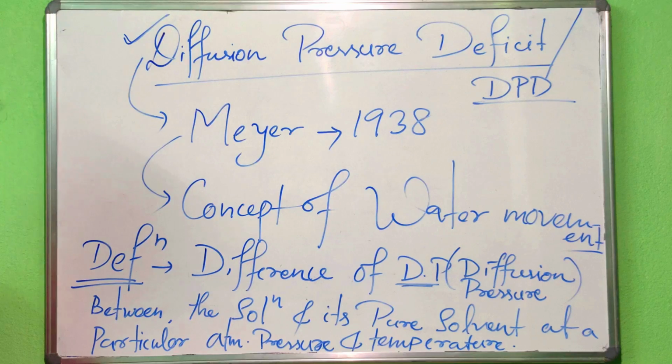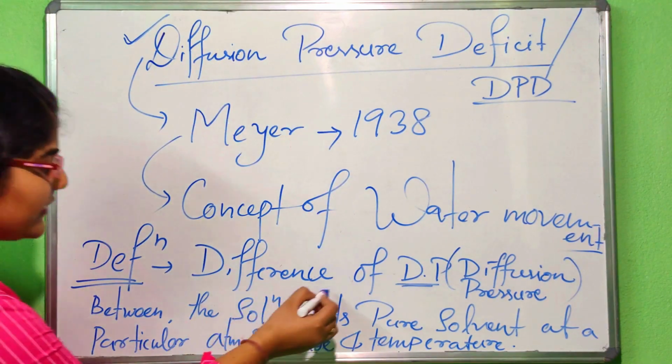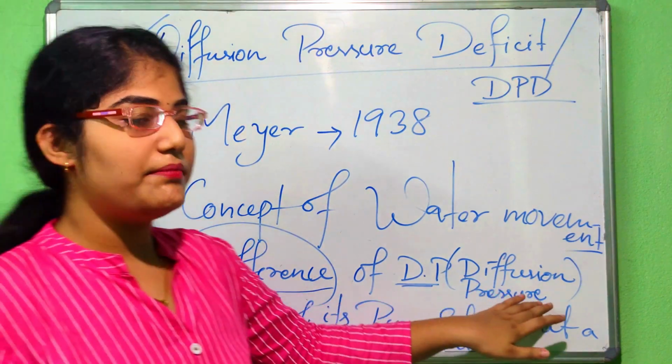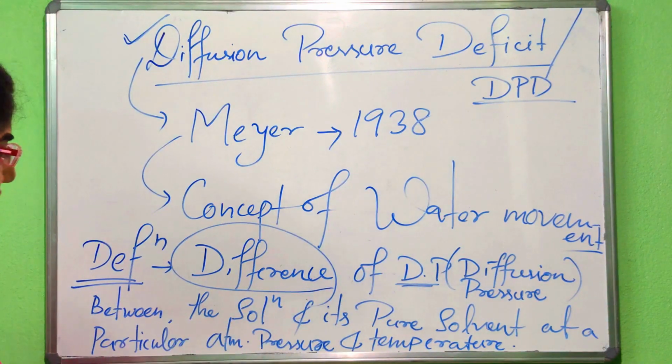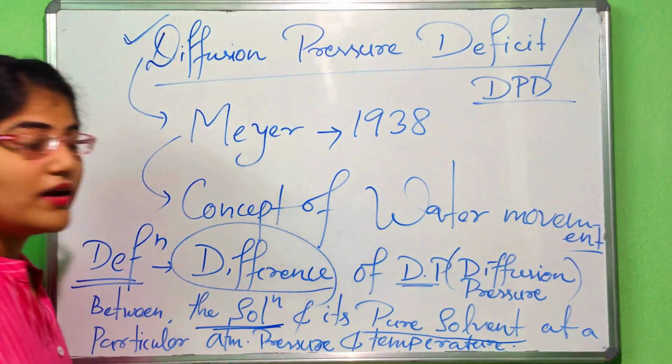Mark the point: the difference of diffusion pressure between the solution and the pure solvent.